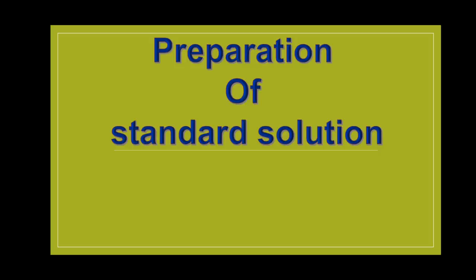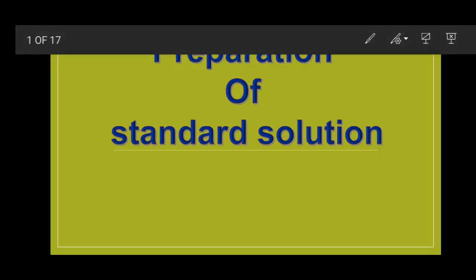For that titration, we will use a standard solution of oxalic acid having 0.1 molar concentration and a standard solution of Mohr's salt having 0.05 molar concentration. Today we have to learn how we can make those standard solutions of oxalic acid and Mohr's salt. Okay, let's start.